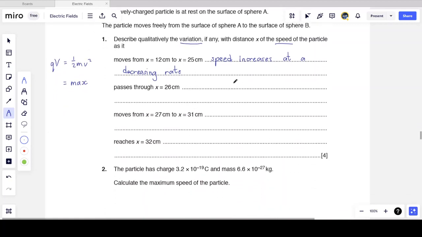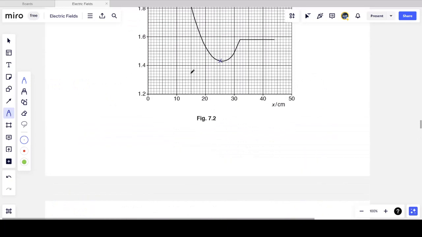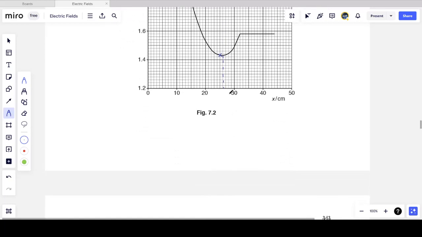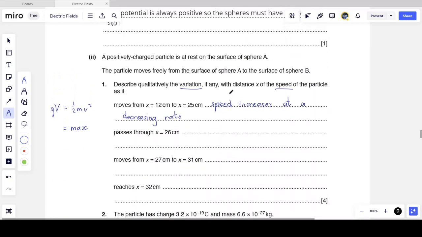And what happens as it passes through x is equal to 26 centimeters? So at x is equal to 26 centimeters, we have our turning point of our graph. That's the minimum value for V. So that's the lowest amount of work that will be given to this particle.